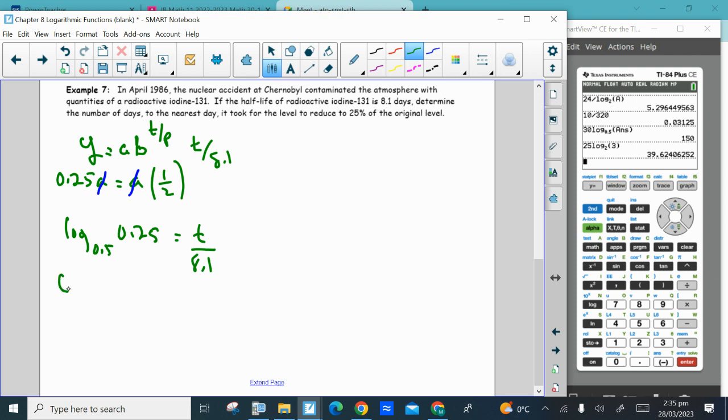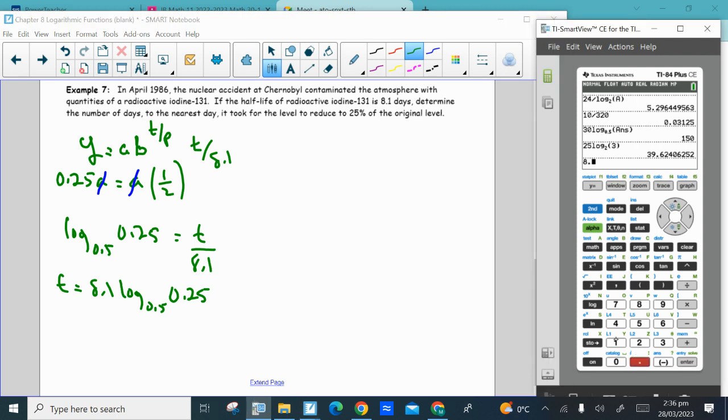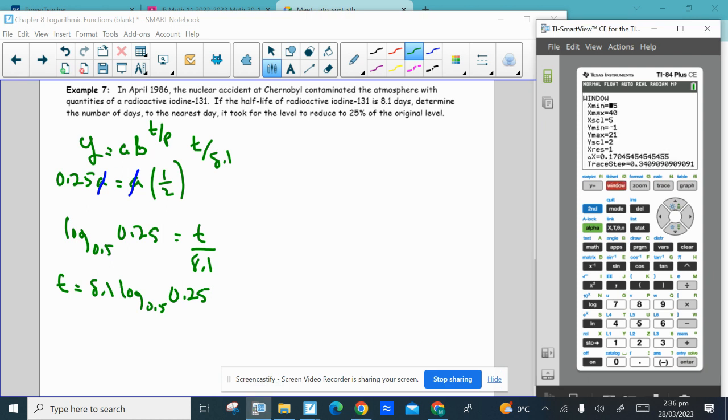And we would solve for t by multiplying both sides by 8.1. So 8.1 times log with a base of 0.5 of 0.25. So approximately 16 days to the nearest day.